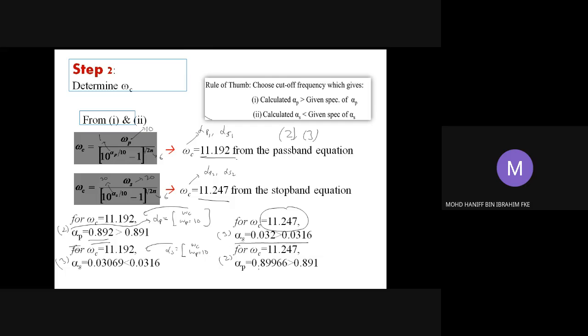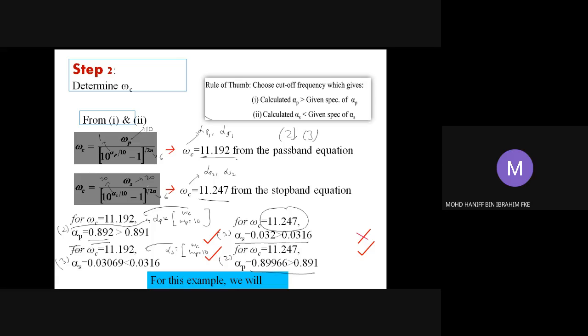So although it fulfilled the alpha P condition, it failed with the alpha S condition. So by right, the only omega C that satisfies both of these conditions is 11.192. So that's why we choose the omega C in this case of 11.192.